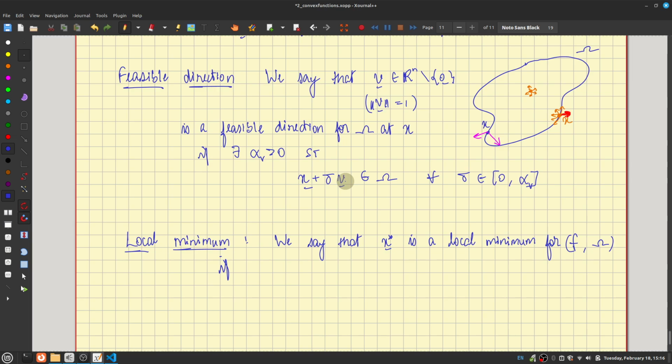For a different v, the corresponding alpha v could be different, right? For example, in this direction, I can move much further while staying within omega. But the only guarantee that I require is that I'm able to travel some non-trivial distance in that direction while still satisfying all of the constraints.